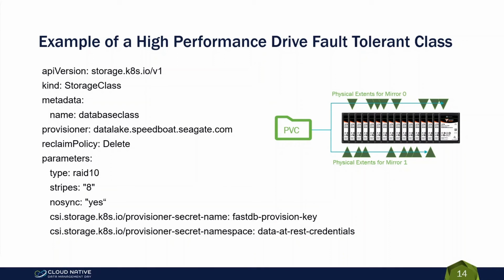I flipped on nosync for the rapid creation because I know that our drives always respond with 0 when reading unmapped data, so no need to fill the array with zeros when the volume is created. Each persistent volume created with the storage class will have the same performance and resiliency. Another simple striping storage class can be running using the same pool of drives.